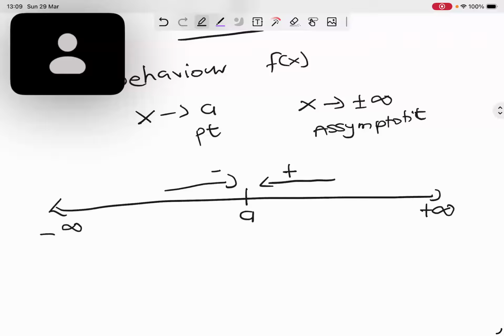We're looking at the behavior of the function f of x as x is approaching a number. The number a here could be any number at all. And since we can approach the number from both directions, whether from the negative infinity direction or from the positive infinity direction, it means that we're going to look at the number that f of x will be approaching. That will represent the limit of the function.